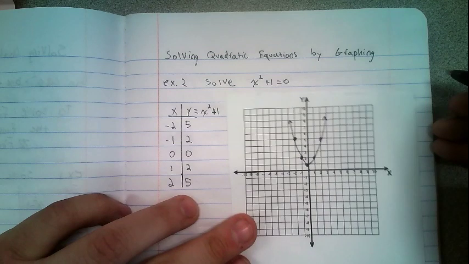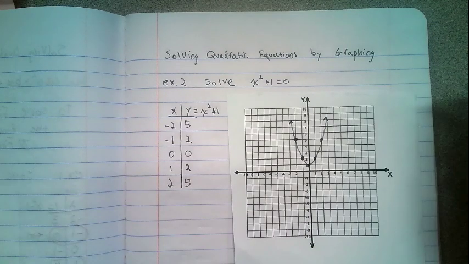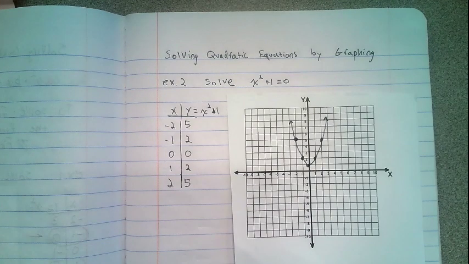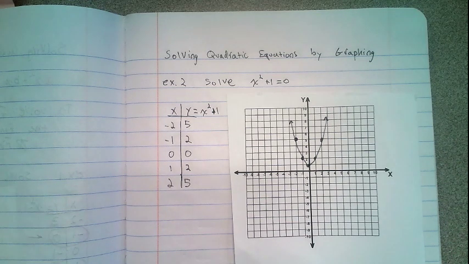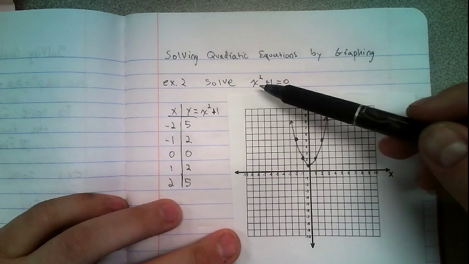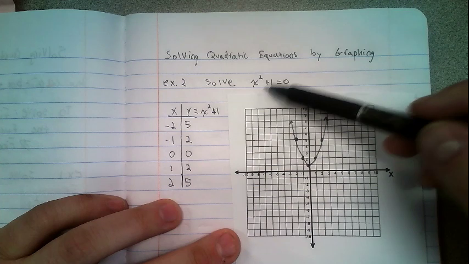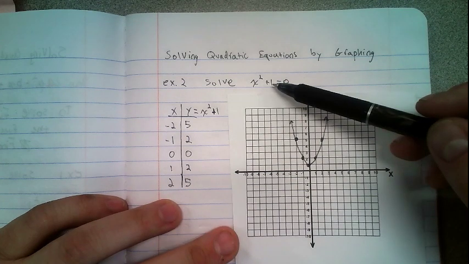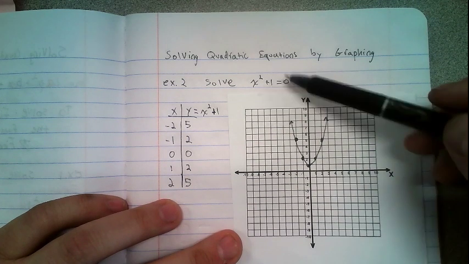So where does that cross the x-axis? At what value is that going to be 0? Well, it does not cross the x-axis, right? There's no way that this can be 0. X squared, whenever you square something, you always have a positive result. And so if you have a positive number and you add 1 to it, there's no way to make it lower than 1. There's no way it's going to be 0.